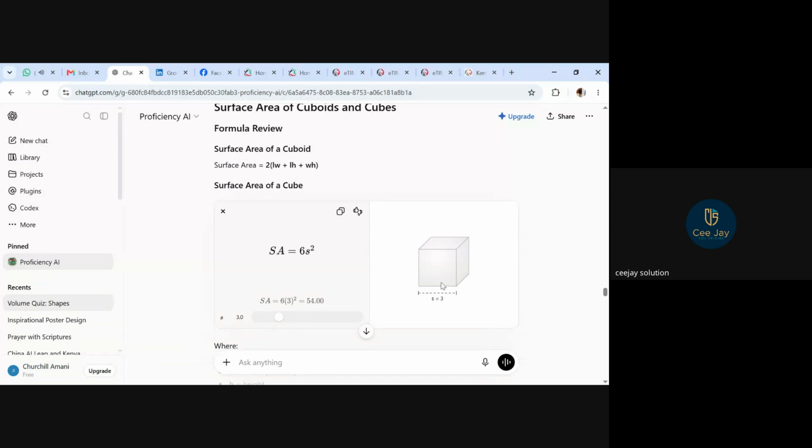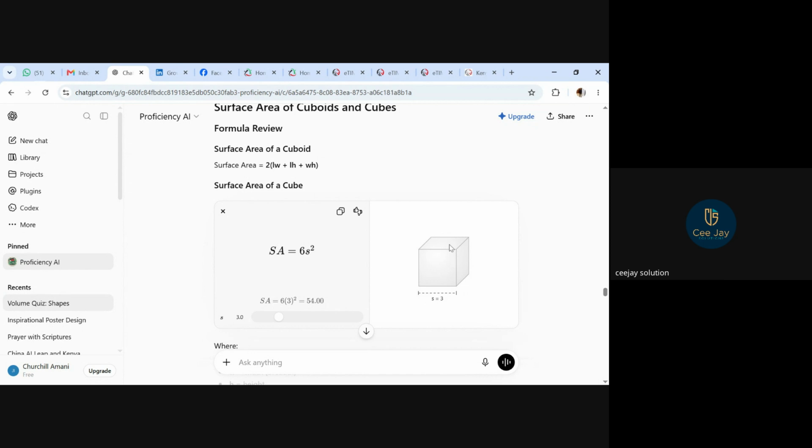For example, this is length, this is width, this is height. So length times width. We say length is 6, width is 4. So 6 times 4, that is 24.